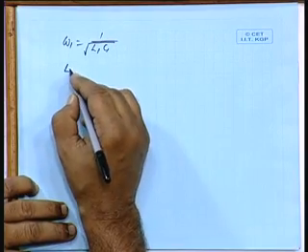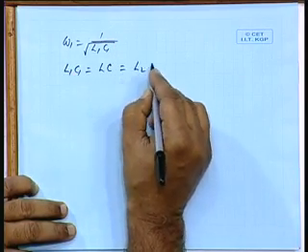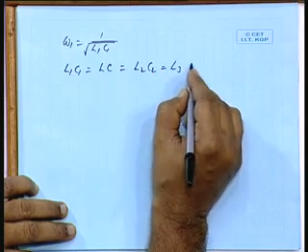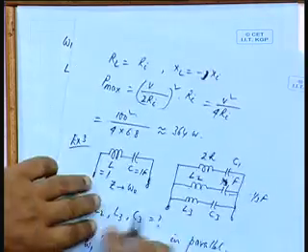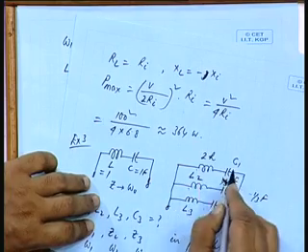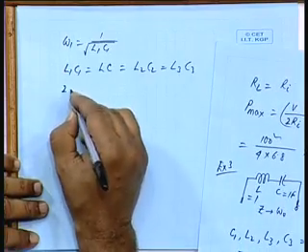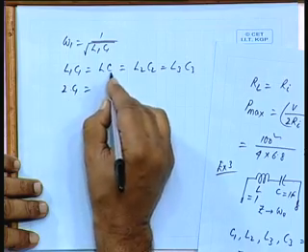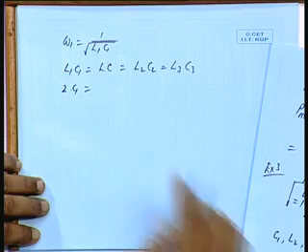So, L1 C1 must be equal to LC, equal to L2 C2, equal to L3 C3. From the first one, L1 is 2, C1 is to be calculated. So, 2 into C1, LC is 1, we have just now seen, LC is 1.